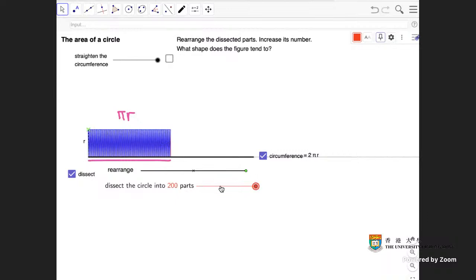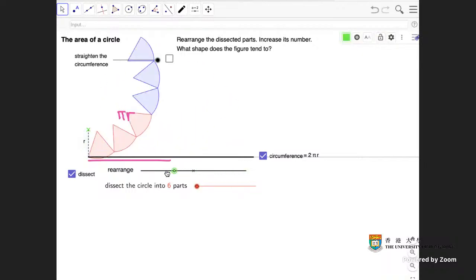And so you can imagine that you can divide it into a bigger number of smaller equal parts. So that is the way that we can explain the formula pi r squared, that means r times pi r, to get the area of the circle. So this is the end of the explanation.